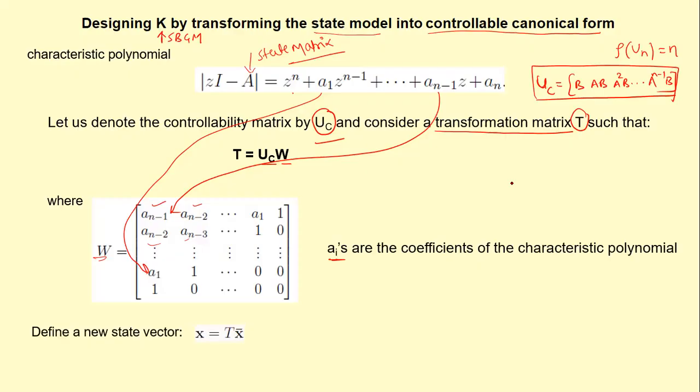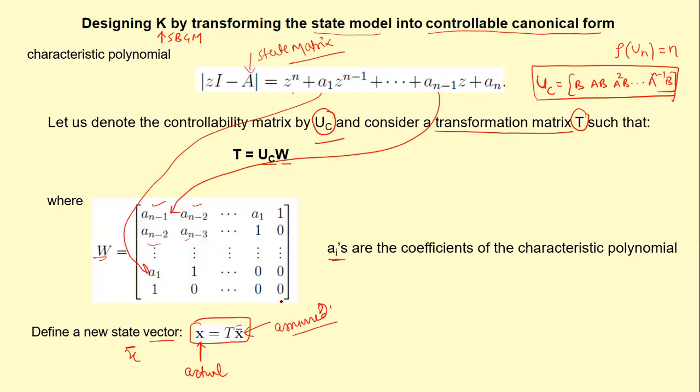Now let us assume a new state vector, x bar, such that it is related to the actual state vector. This is the actual state vector, and this is the assumed state vector.